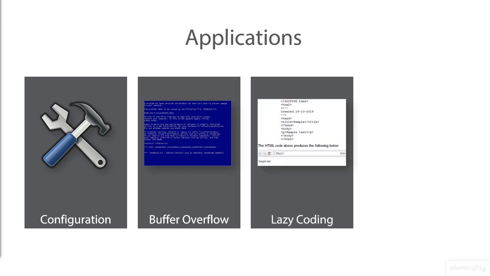We also have lazy coding. Now, I don't want to offend any developers here, so I'm not going to group you all together, but there are some programmers that are lazy and they copy and paste code between applications or shared code. We actually end up dealing with something called a shrink wrap attack, which we'll talk about a little bit later on.